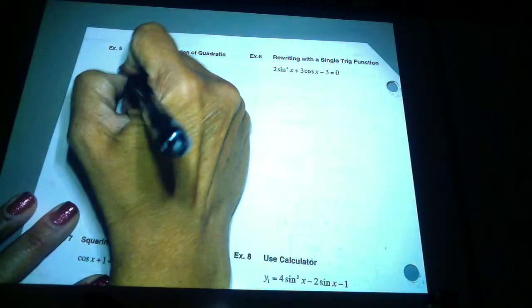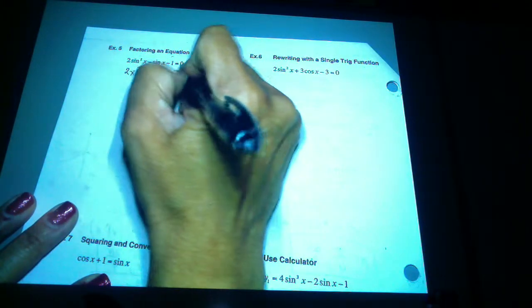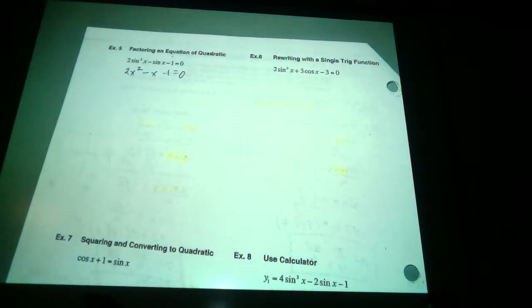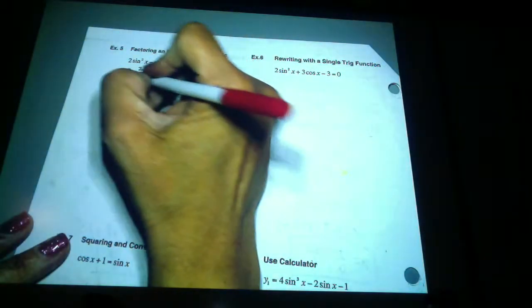So instead of sine of x, I'm going to let x be sine of x. So I'm going to replace this with 2x squared minus x minus 1 equals 0. We'll put the sine of x back in once we solve for x. So here we're just doing basic factoring. You take your bookends, 2 times -1, and you get a product of -2.